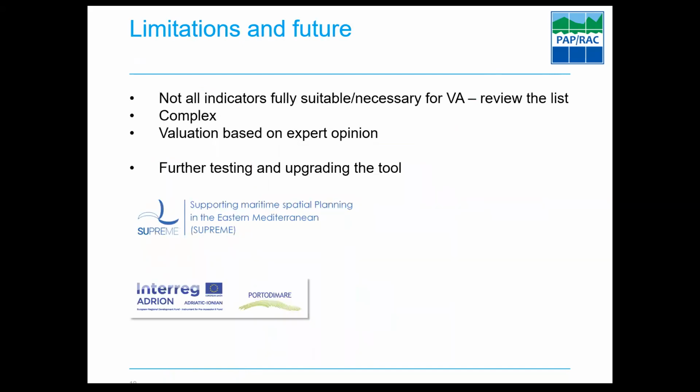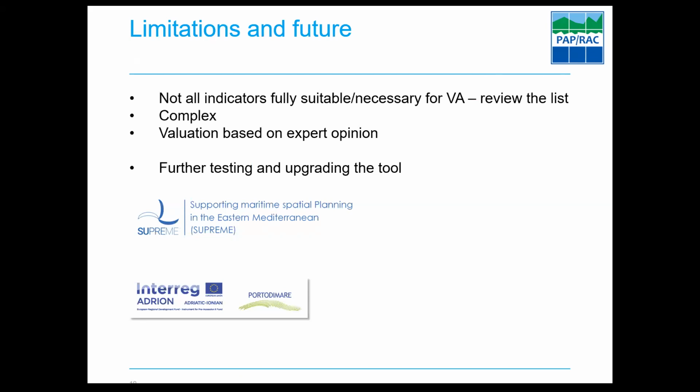So in our methodology, we didn't go through to the end. We didn't develop the plan, but we just tested the methodology on vulnerability assessment, to see whether it is possible to use the indicators and the activities countries are going to do following the requirements of the EU directive and of the UNEP MAP.